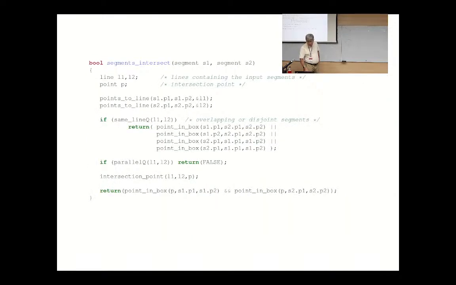To test whether 2 line segments intersect would seem like a trivial matter. Because if there are two lines, they intersect at a point. If this is one of your line segments and this is the other line segment, either that point of intersection is in the line segment or it isn't.